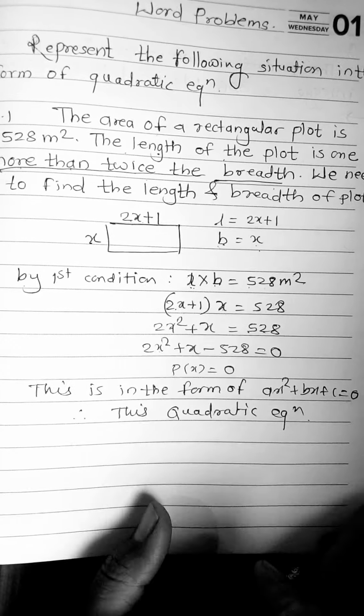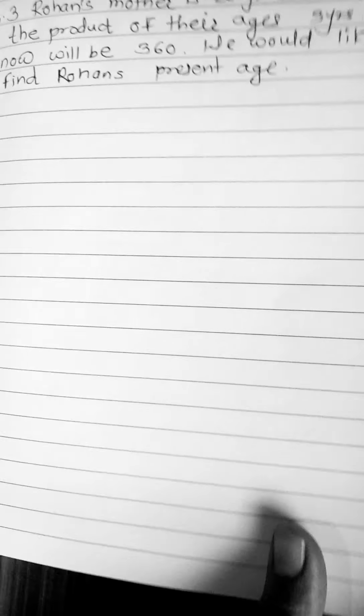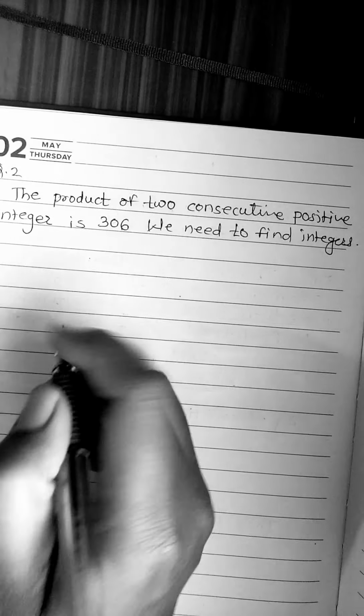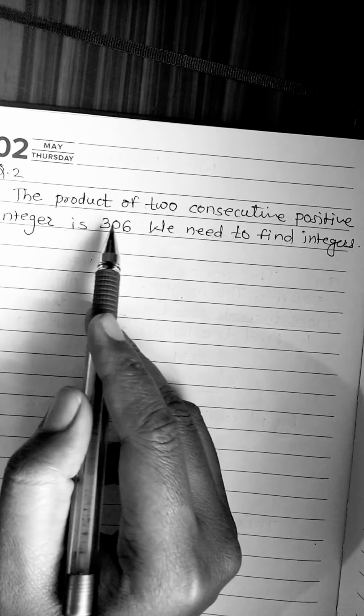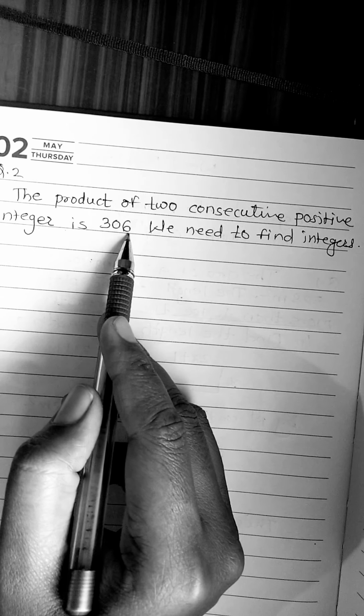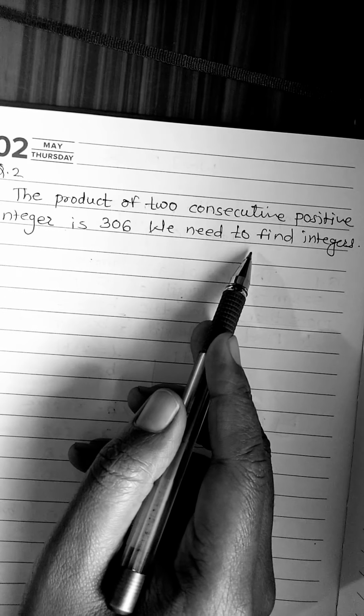Next, our example number 2: the product of two consecutive positive integers is 306. We need to find the integers.